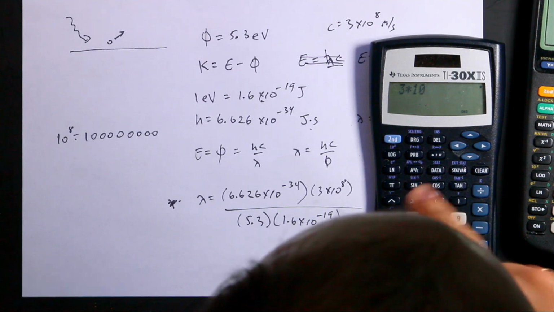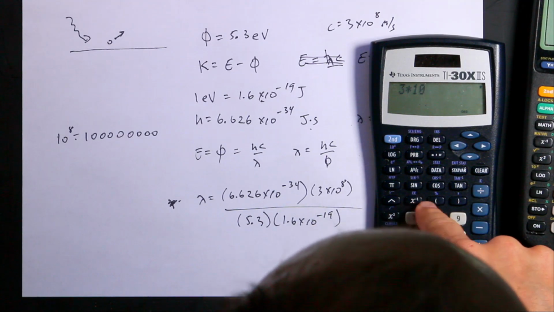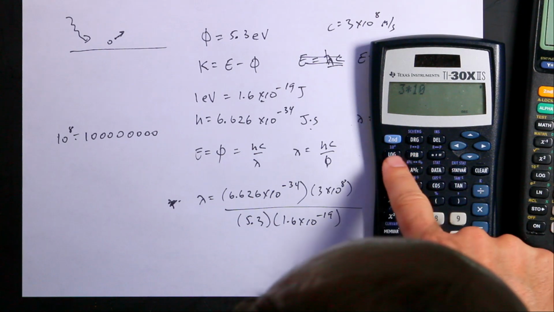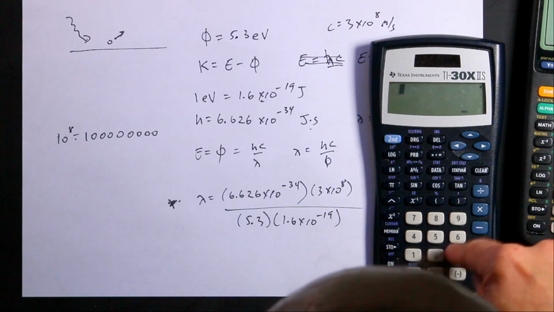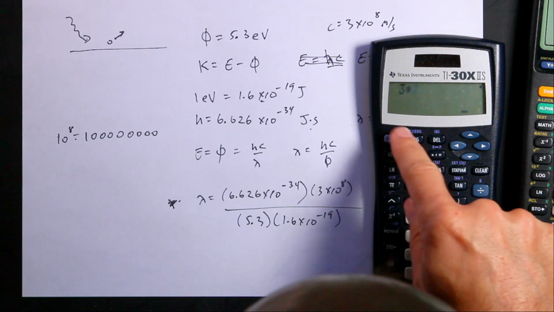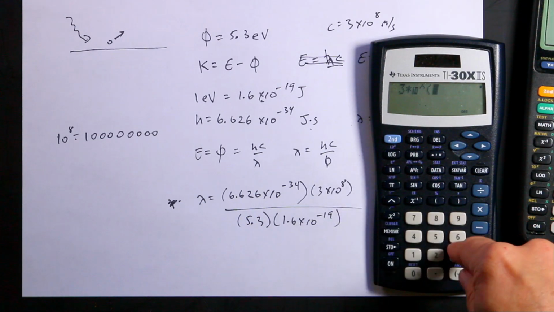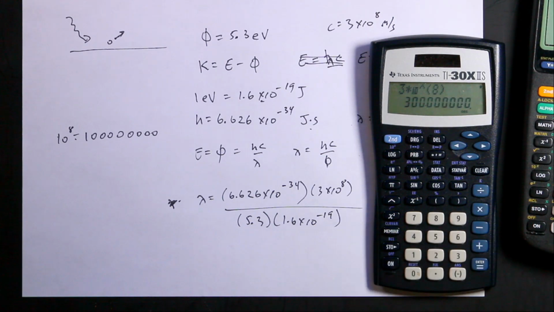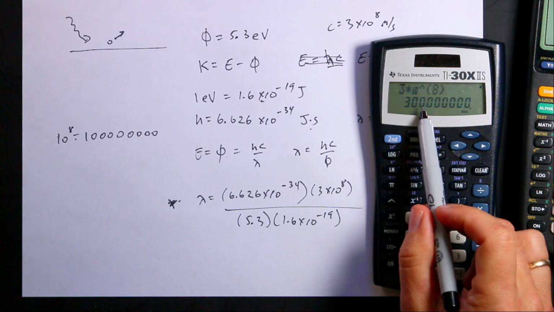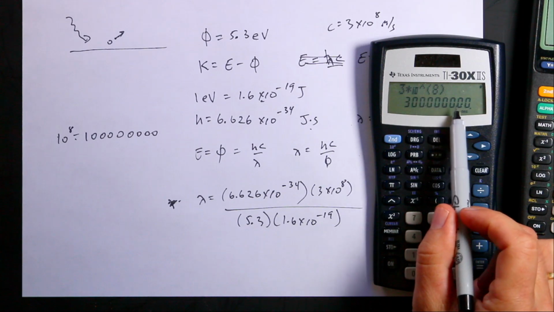That's squared. See, I don't even know how to do it this other way. 10x, I guess I could use that. Let's do that. So 3 times 10 to the 8th. Enter. And you get 1, 2, 3, 4, 5, 6, 7, 8.